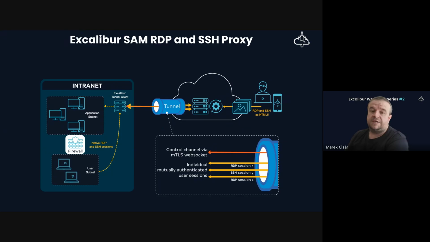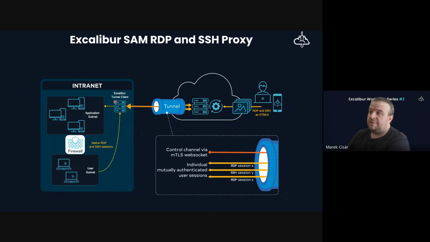It is almost the same as the standard streamed RDP or SSH session principle. But in this case, with a little bit of difference. The Excalibur tunneling client is listening for incoming native RDP or SSH connections made by the Excalibur users, like such.